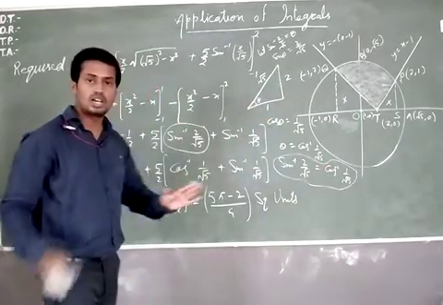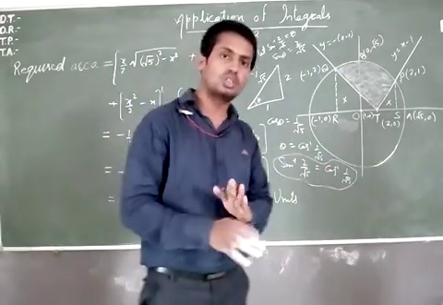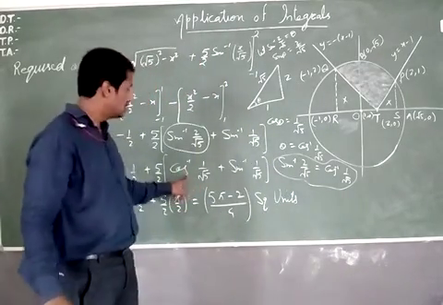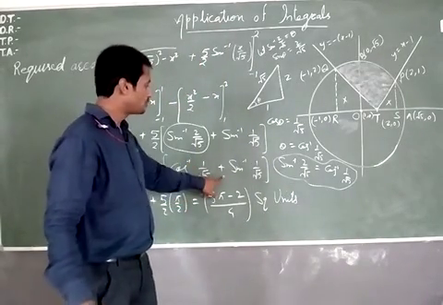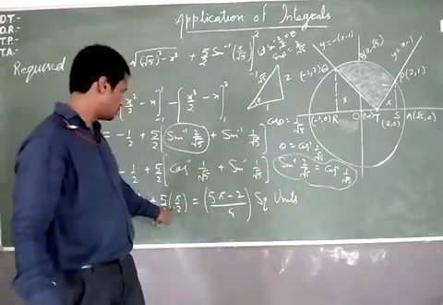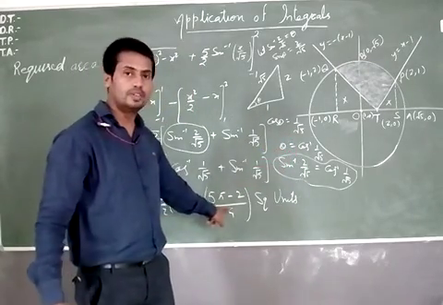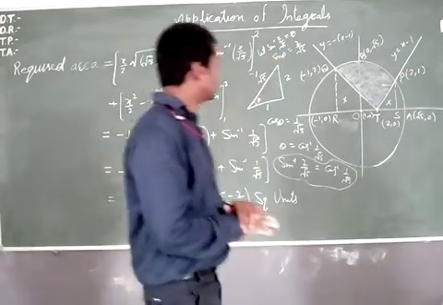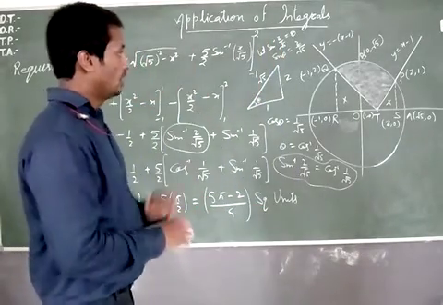We know that sin inverse x plus cos inverse x equals pi by 2. So sin inverse 1 by root 5 plus cos inverse 1 by root 5 equals pi by 2. After simplification, we have the area of the required shaded region.